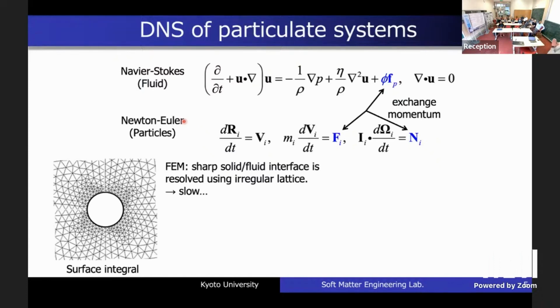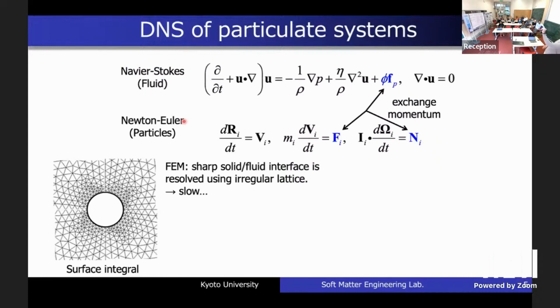Usually, if we want to do this kind of calculation, the most straightforward method is the so-called finite element type simulation, in which we discretize the system into an irregular mesh. If you use this, any kind of shape can be resolved in computer simulation, spherical particles as well. But the problem is that the computation is extremely slow.